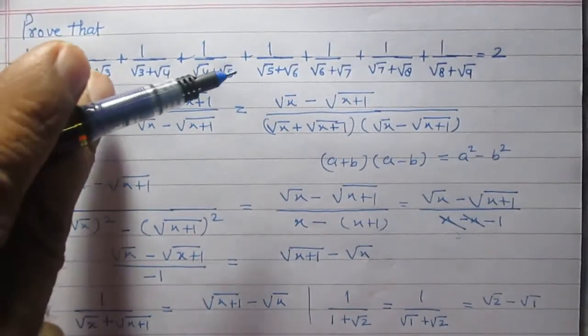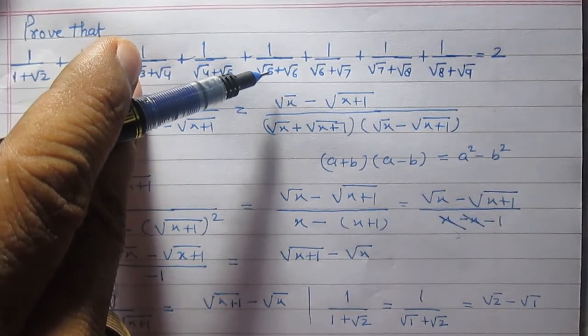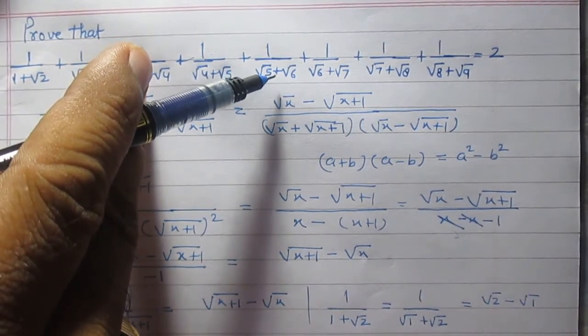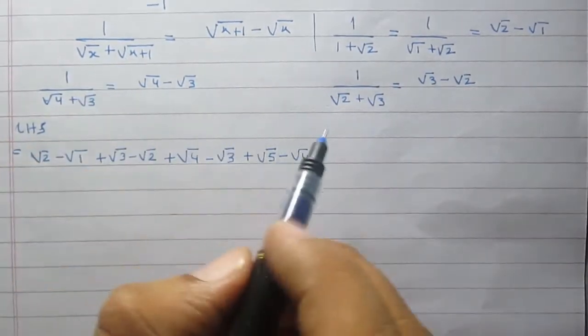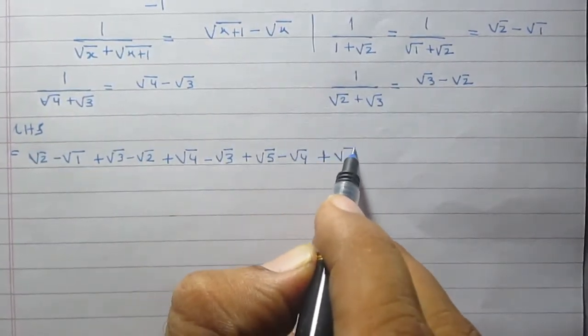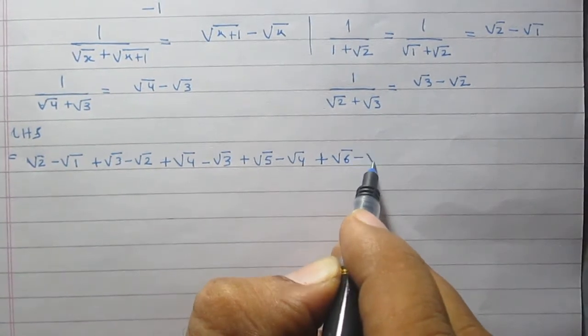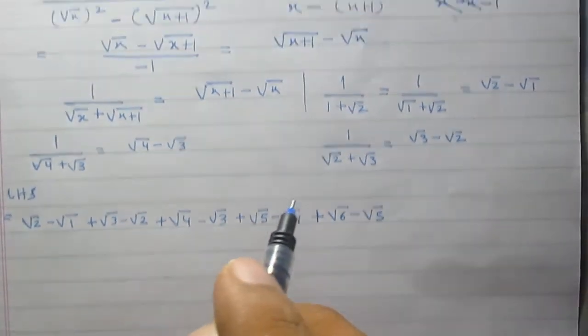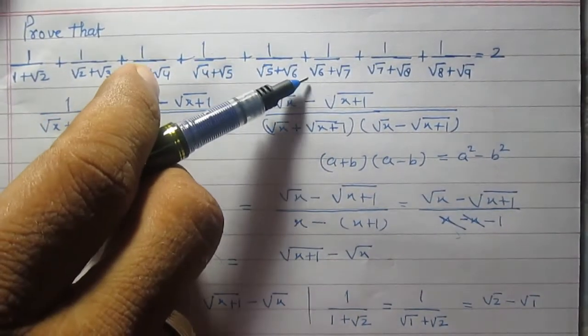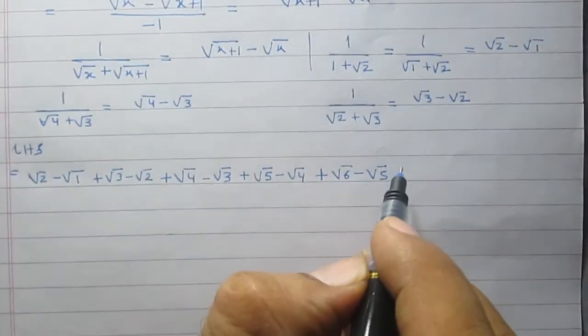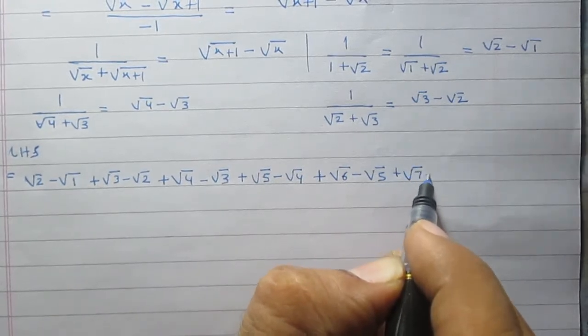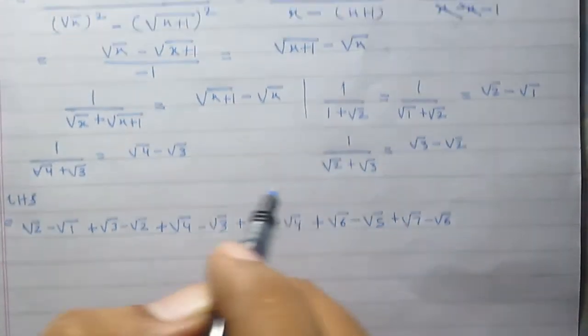The next is square root of 5 plus square root of 6. We know that according to this relationship, the value is square root of 6 minus square root of 5. Next term is square root of 6 plus square root of 7. We can write it as square root of 7 minus square root of 6.